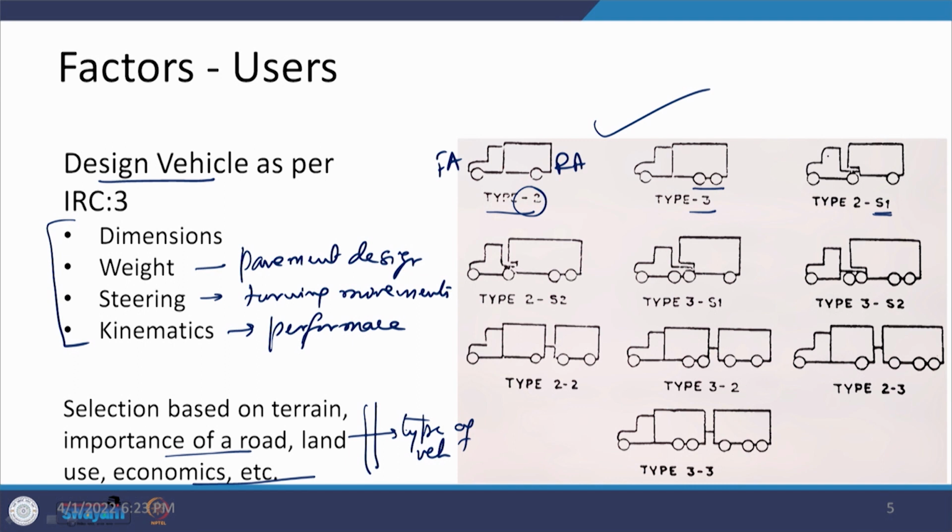So, you have this main vehicle which is also attached with the semi-trailer, and when you say type 2, it means it has a front axle and a rear axle, and then in the case of a semi-trailer, 1 is written, that means it has one axle at the back, and that is where the combinations can be there as type 2 S2, type 3 S1, type 3 S2 and so on. Another categorization is where the trailer is there.